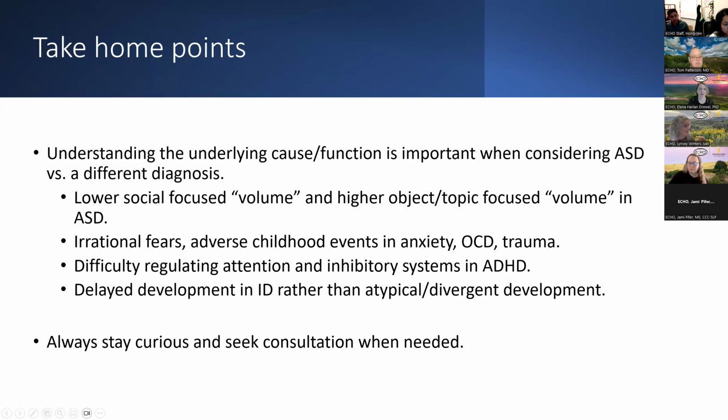And so key take-home points, because of all the overlap with all the other different kinds of diagnoses, is that really trying to understand the cause and function is important when considering a differential diagnosis. And I highlighted some of the potential causes of anxiety, potential causes of trauma. ADHD looks different. There are social deficits, but the quality and reason for the social deficits is different.